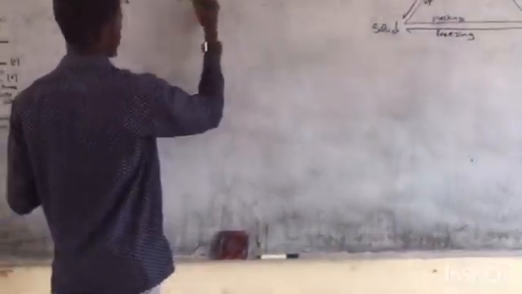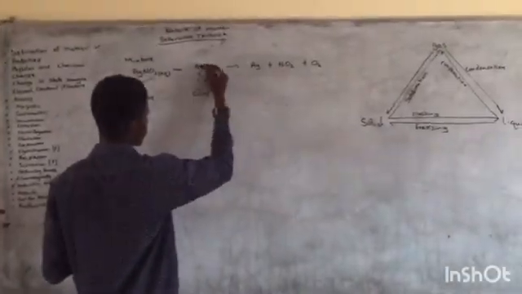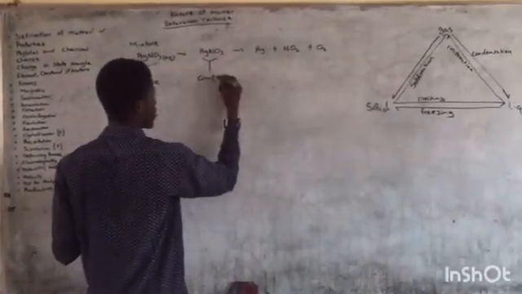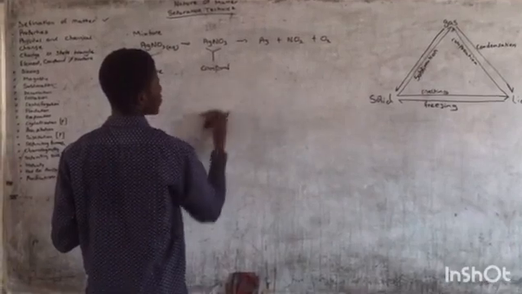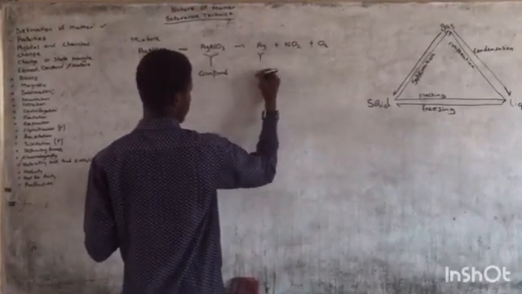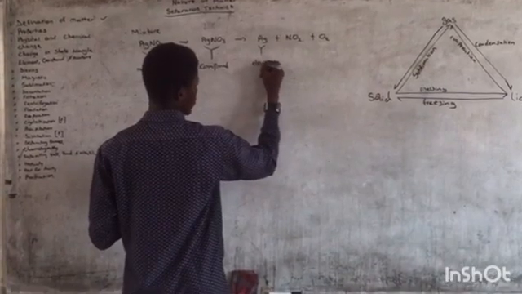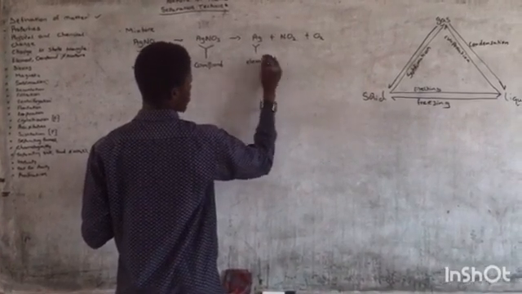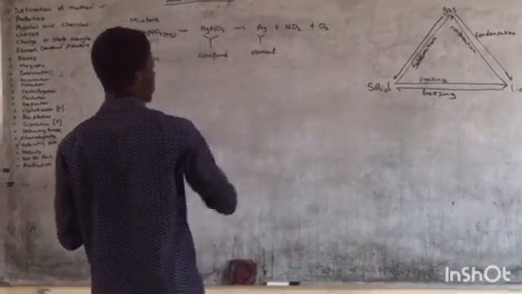And you can see it's two or more elements. We have about three elements chemically bonded together, so it's a compound. But here we have an element because it's only silver. You can never break this further.